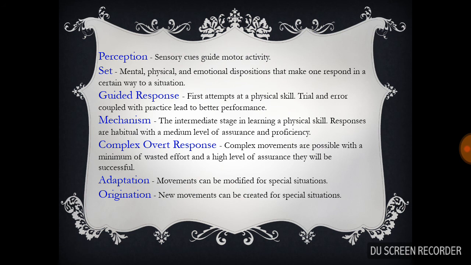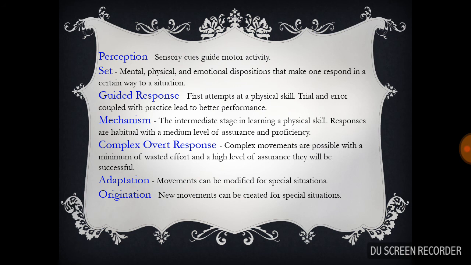Then mechanism. In this level, the learner becomes habitual of certain steps and shows the performance with some confidence and proficiency. Then complex overt response. In this level, the learner performs with a high level of confidence and accuracy. Then adaptation. In this level, the learner can modify and make some changes in the steps of the performance.